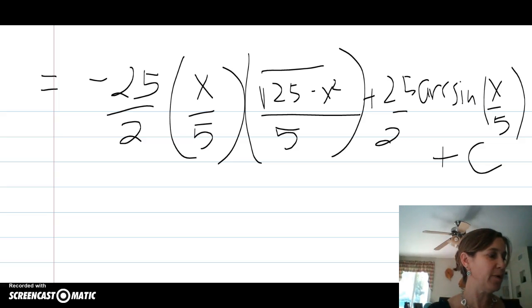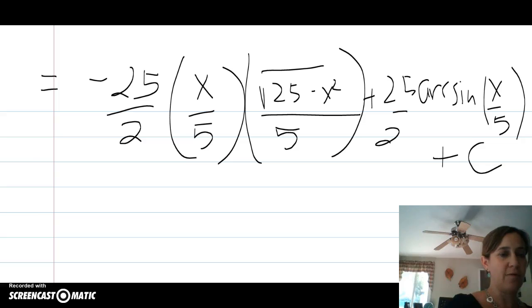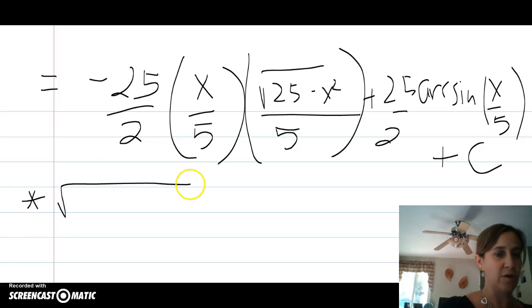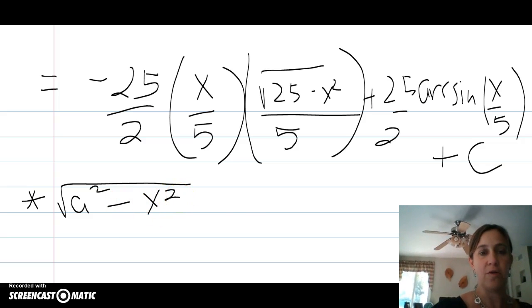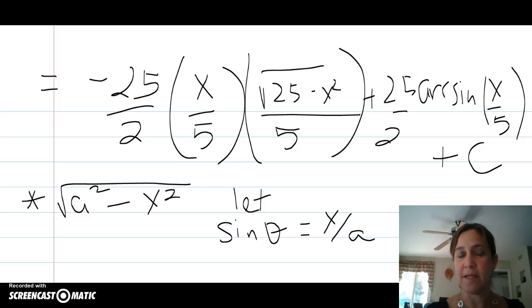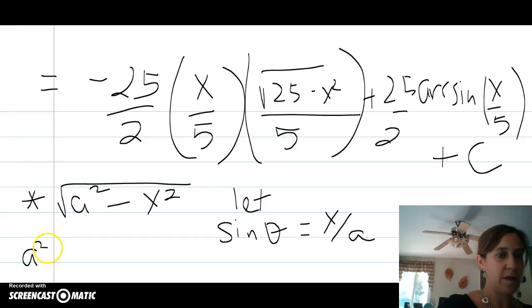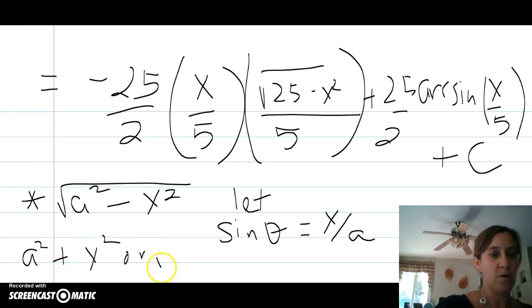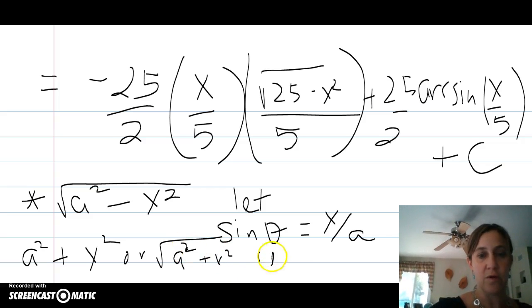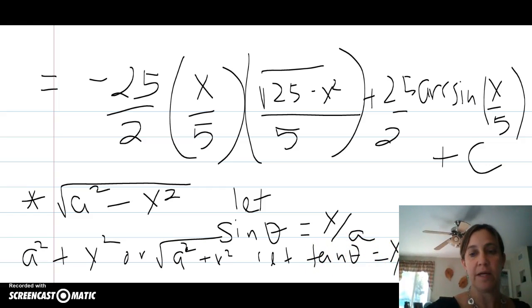To sum up a little bit of our rules, whenever you have an expression in your integrand that looks like the radical of a squared minus x squared, you want to use a substitution where you let the sine of theta equal x over a, and that's a substitution that will usually work out nicely. And if you have either a squared plus x squared or the radical of a squared plus x squared, you would want to let the tangent of theta equal x over a.